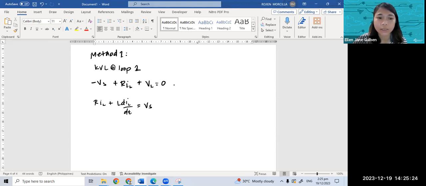We will rearrange it by dividing by L: dIL/dt plus R over L IL is equal to Vs over L.